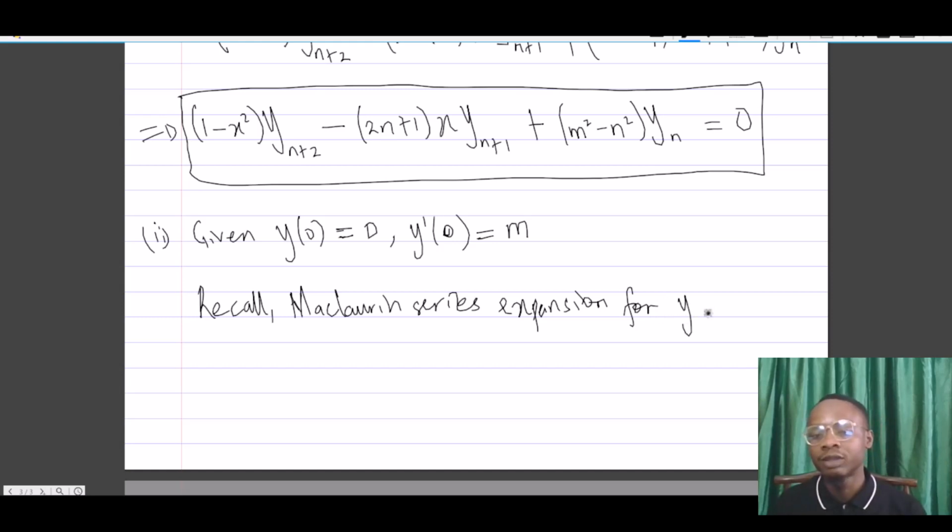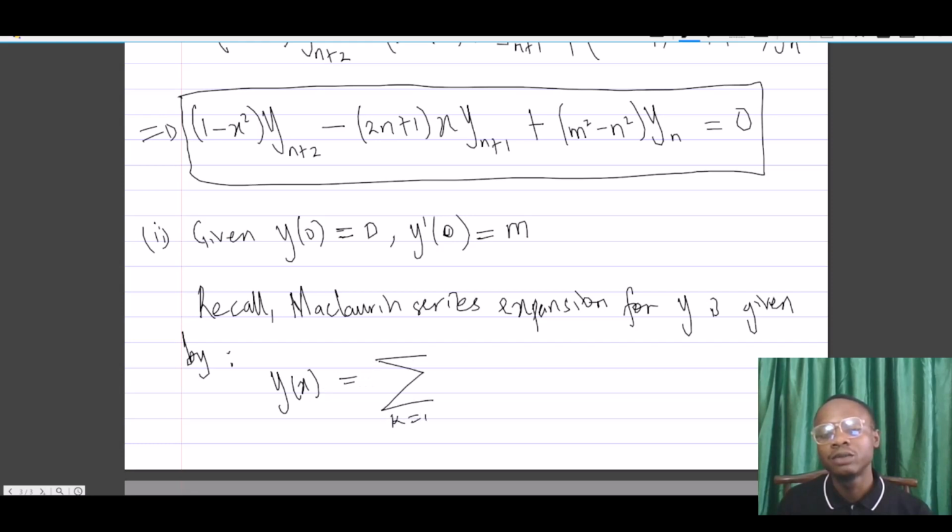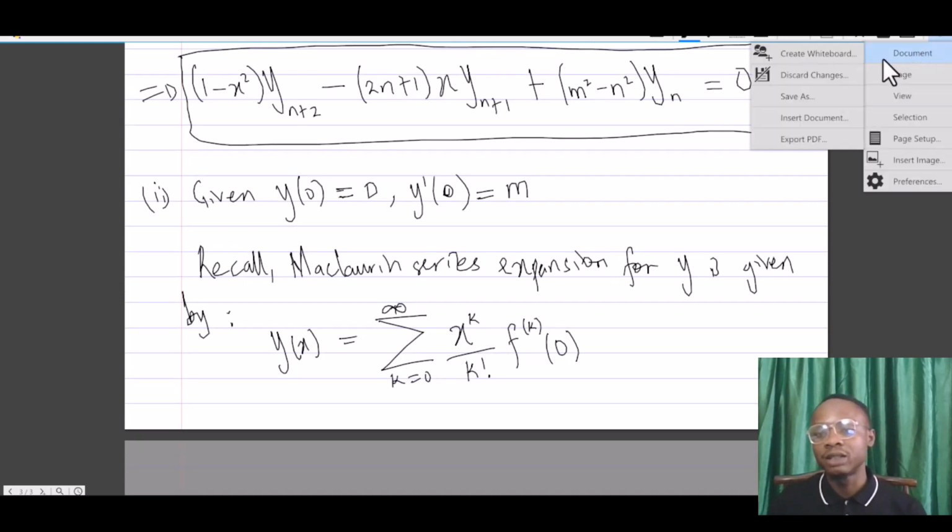The Maclaurin series expansion for y is given by y of x equals the summation from k equals 0 to infinity of x to the power of k divided by k factorial, multiplying the kth derivative of f at the point x equals 0. This is what we expect. This is what we need to get.